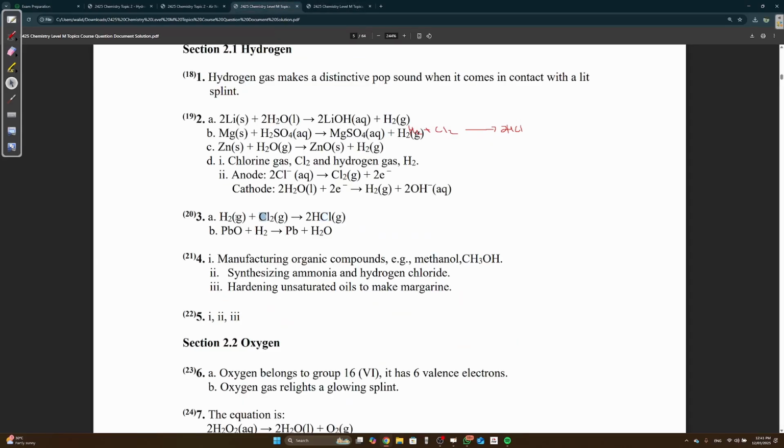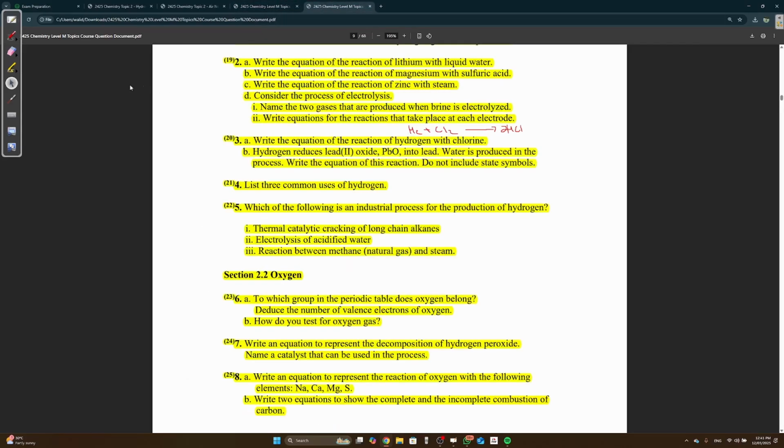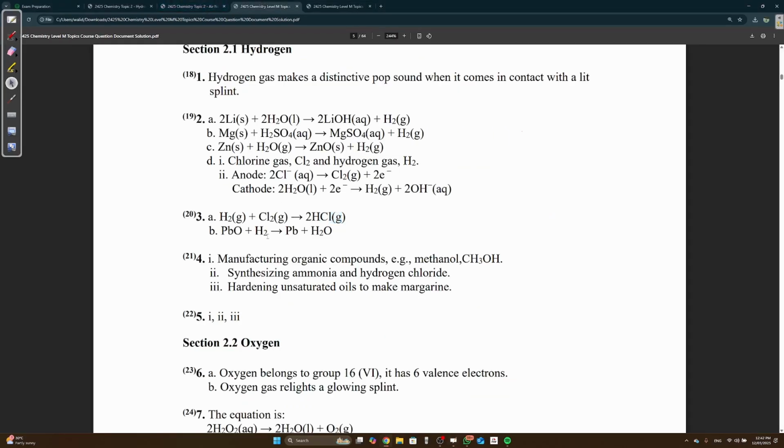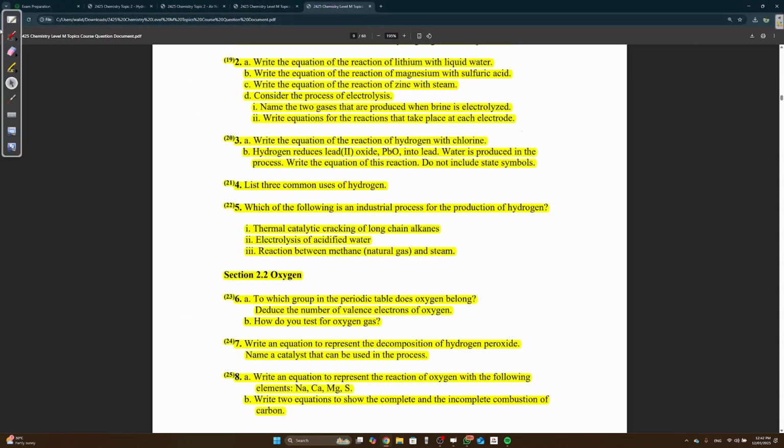Okay, definitely gas. Hydrogen reduces lead oxide into lead. Water is produced in the process, right? The equation of this reaction does not include states. In case this comes, which I doubt, hydrogen reduces lead oxide into lead.